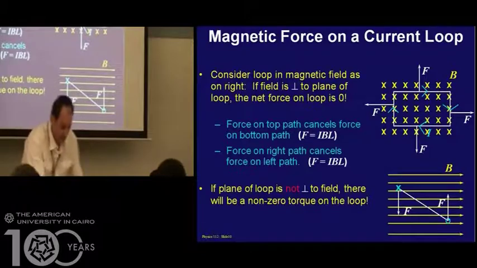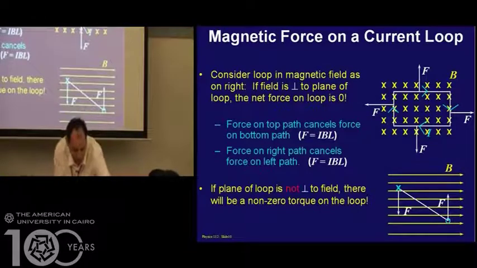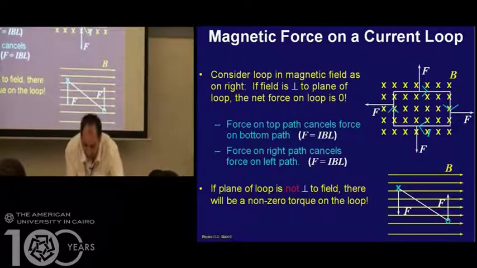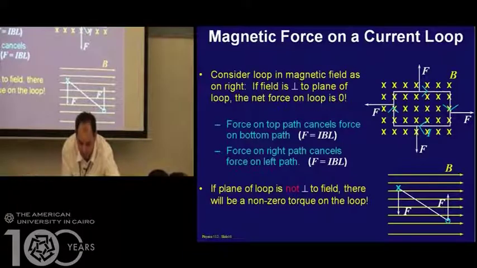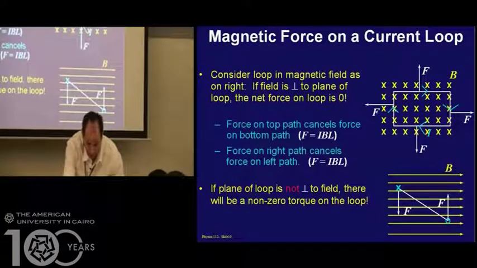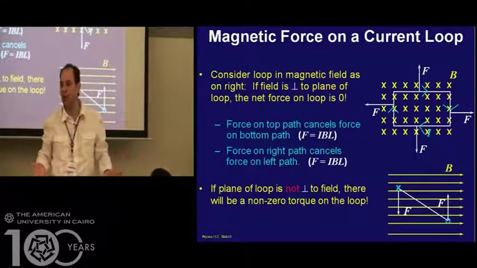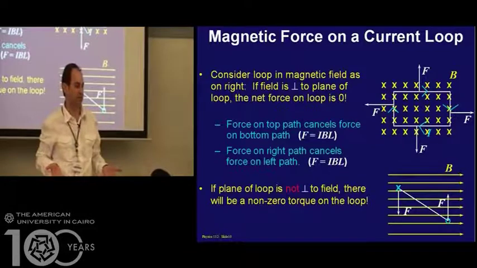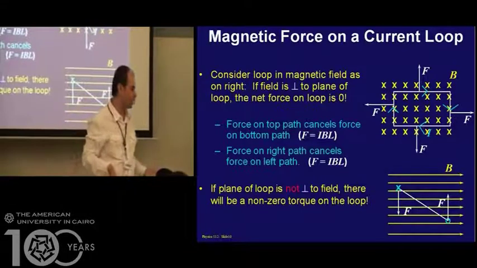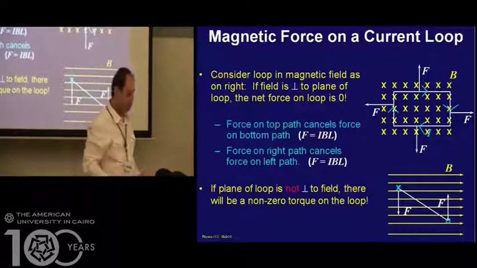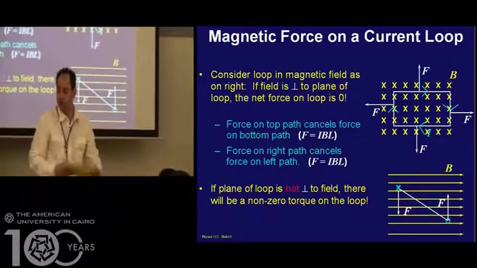If you have two forces opposite in direction acting on this, what happens? It rotates. And it rotates because we have a physical quantity that we talked about in Physics 111. What makes objects rotate? Not force.